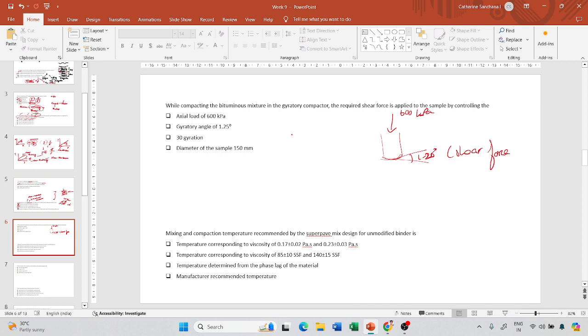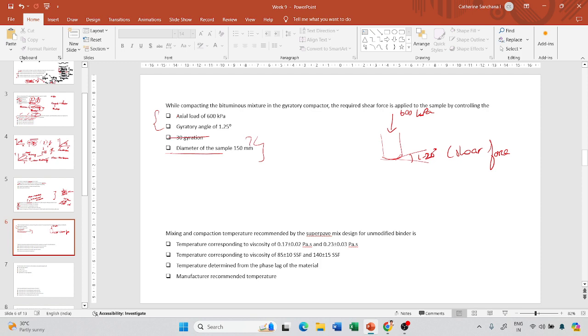So these are the four options. If you see, obviously the diameter of the sample has nothing to do with the shear force. The number of gyrations also has nothing to do with the shear force, because they do not depend on the force, right? The only thing that could offer shear force is axial load or gyratory angle.